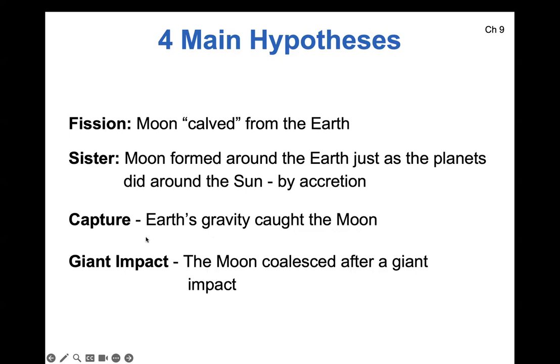And then the last one is the giant impact hypothesis, that the moon coalesced after a giant impact. In other words, instead of calving off when the Earth was partially formed, the Earth would have been fully formed, then impacted, turned molten again, and a large amount of that material became the moon.